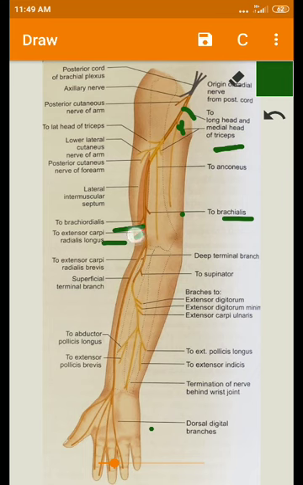These muscles are already related in the course, so along the course it is giving some branches to all those muscles. Okay, so these are the cutaneous supply as well as the muscular supply in the arm. And it is also giving a branch to the extensor carpi radialis brevis.